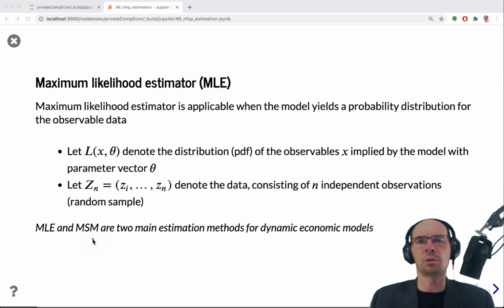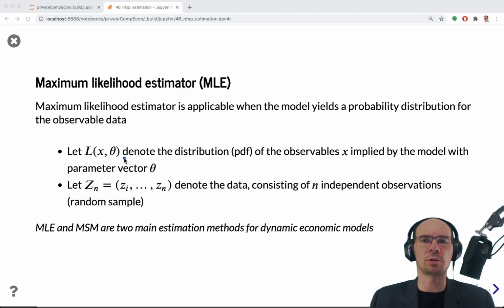Now, not all models can be estimated with the maximum likelihood estimator. We must require that the model yields some probability distribution for the observable data. So essentially, having a certain model in mind, which depends on the parameters, we can write a PDF, which I denote L here.